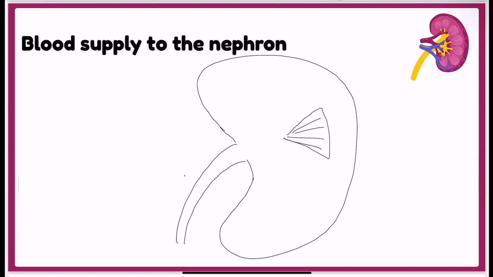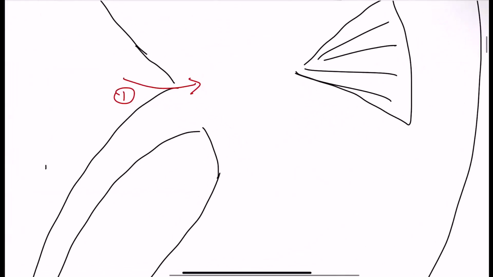So what happens here, I'll draw this in red because I'll talk about the arteries. Coming into the kidney is the renal artery. So the first thing is the renal artery. We'll zoom in here. Renal artery, A for artery.